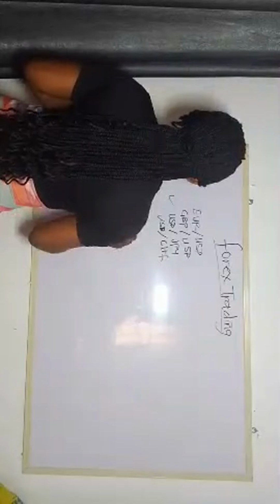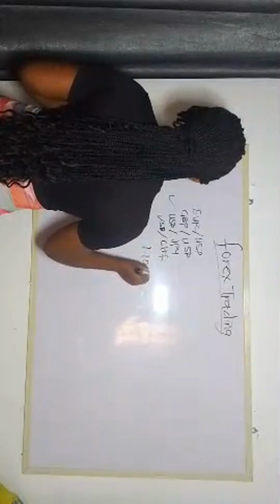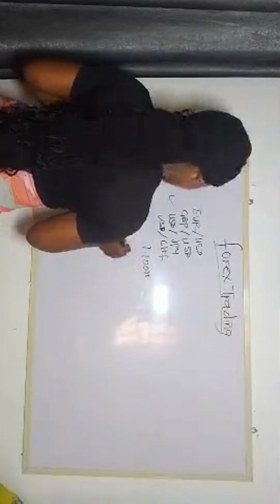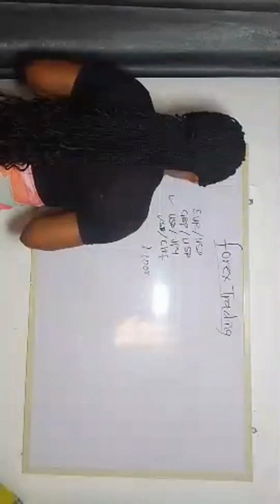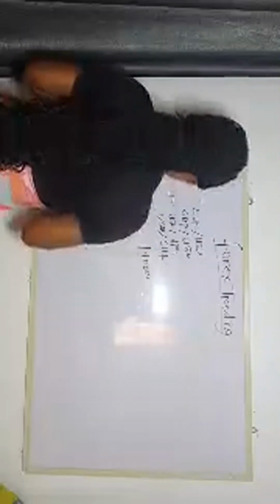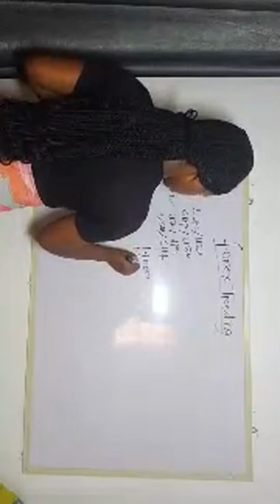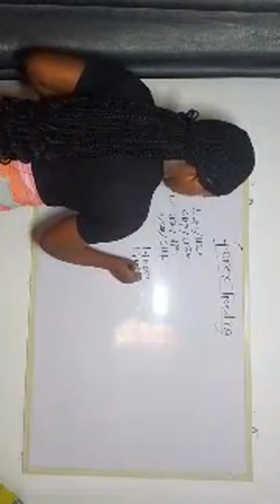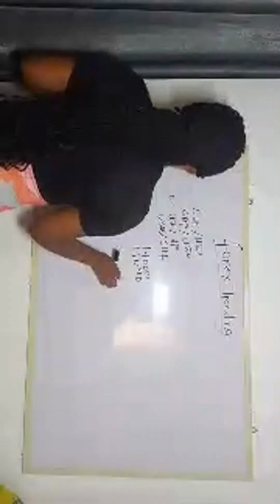So if the price is 1.1223, and if the price moves to 1.1001, you can say the movement is 1 pip.